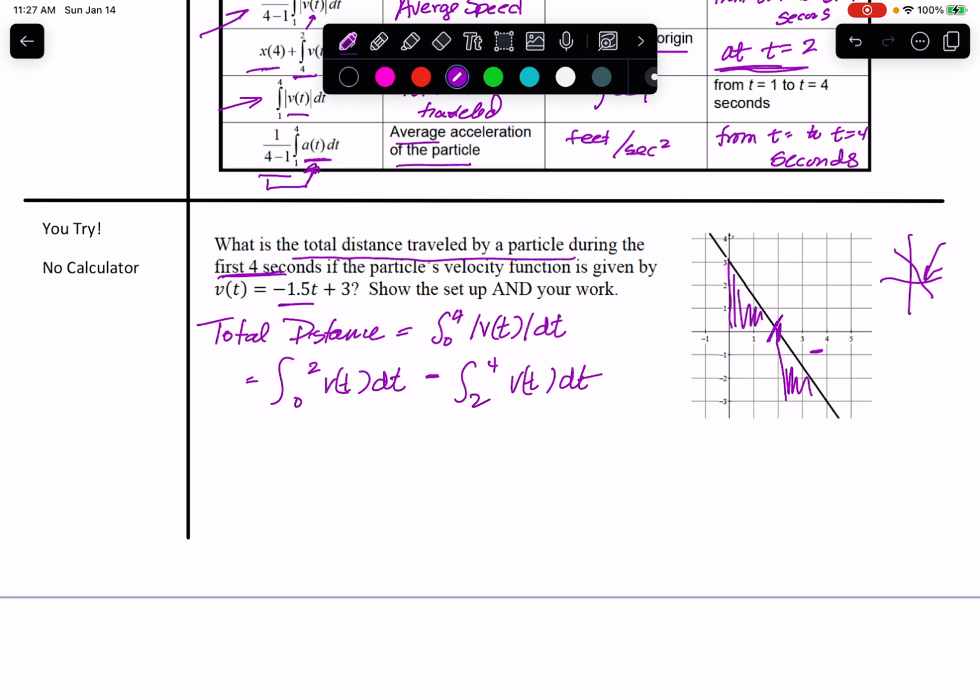Okay, and so now you have to do the math. Now, this could also be written as the absolute value out here of 0 to 2 v of t dt plus the absolute value of 2 to 4 v of t dt. Because, you know, this is like subtract this. If you look at what you have, whichever side is negative, you're going to be making it positive.